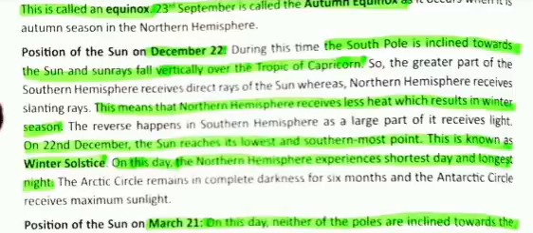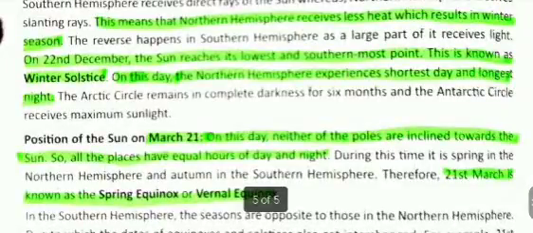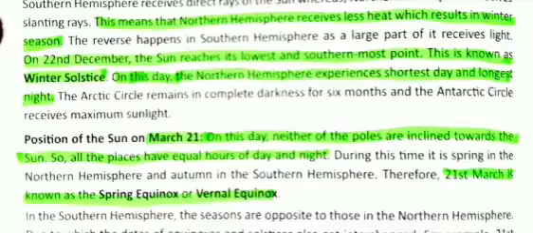This means that the northern hemisphere receives less heat, which results in winter season. The reverse happens in the southern hemisphere as a large part of it receives light. On 22nd December, the sun reaches its lowest and southernmost point. This is known as the winter solstice.